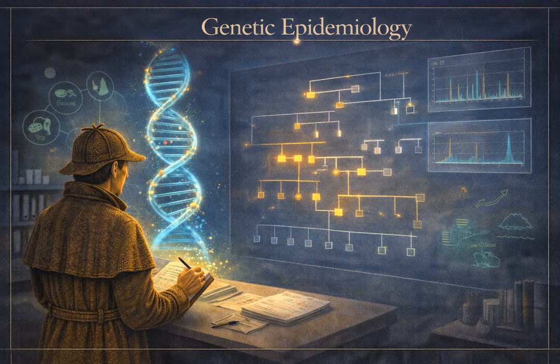Why? Because of the power problem. When you are hunting for genetic variants that only exert a tiny, modest effect on a complex disease, maybe increasing your risk by a mere 1.1 times, small sample sizes are statistically fatal. You just can't see the signal. Small genetic studies simply do not have the mathematical weight to distinguish a tiny true effect from background noise, leading to massive rates of false negatives.